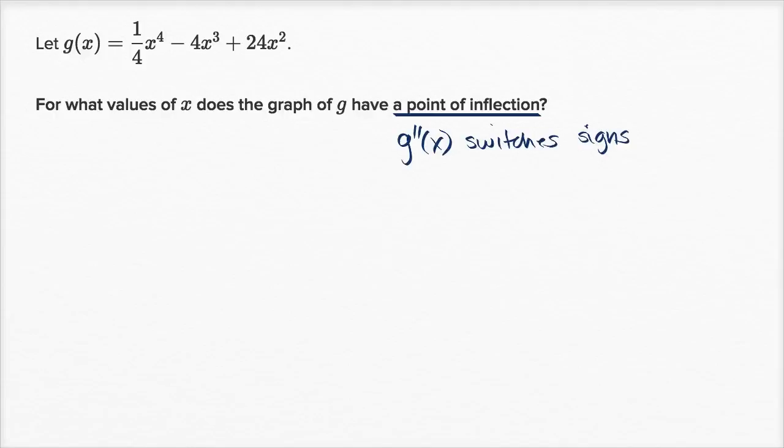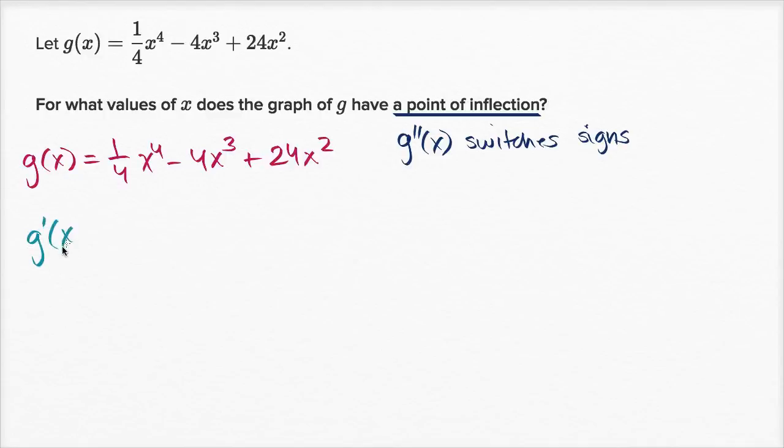So we know that g of x is equal to 1/4 x to the fourth minus 4x to the third power plus 24x squared. Given that, let's now find g prime of x. I'm just going to apply the power rule multiple times. 4 times 1/4 is just 1, times x to the 4 minus 1 power.